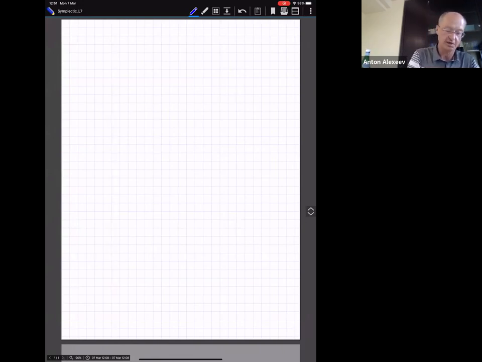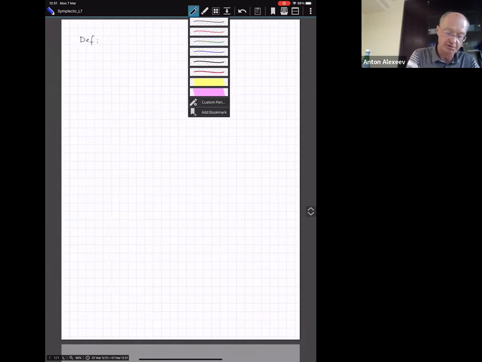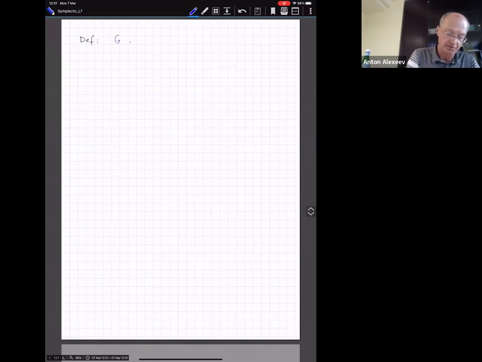We gave a definition, which is one of the important definitions in the course. We have a compact connected group acting on a symplectic manifold with a Hamiltonian action.